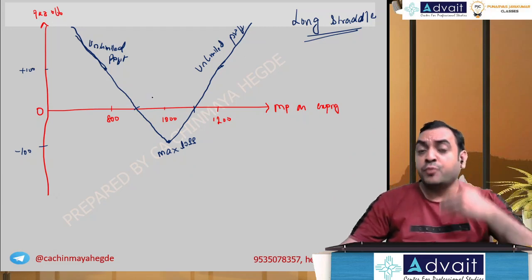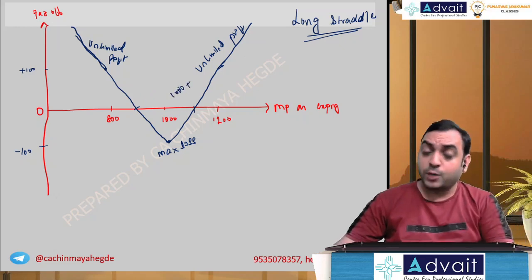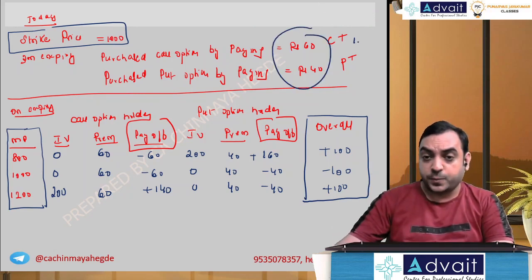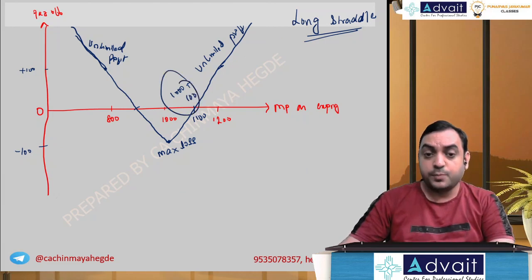You know the break-even point for a call option: strike price plus premium. So strike price 1000 plus total premium. Don't take only the call option: total premium 40 plus 60, 100 rupees. So this is 1100. This is the break-even point.